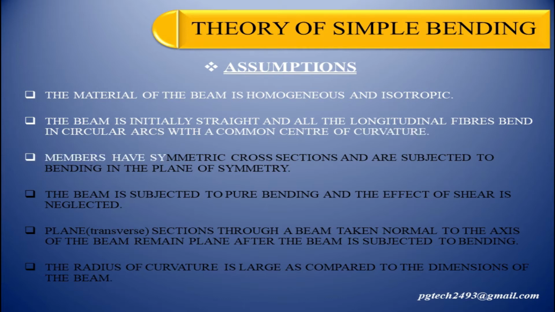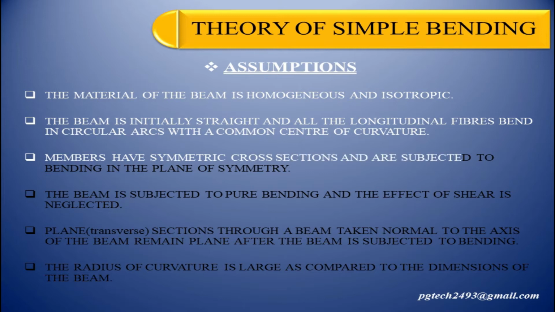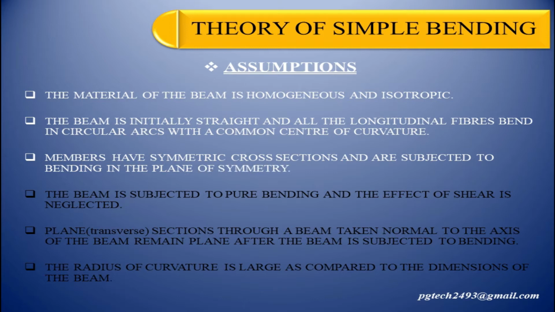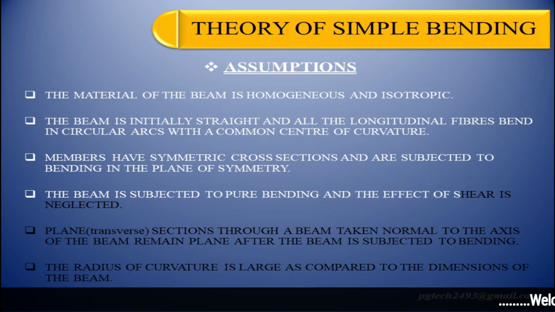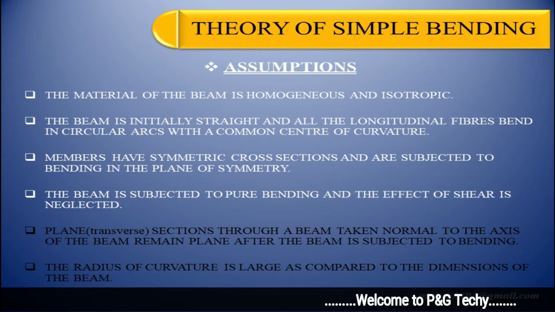Third, members have symmetric cross sections and are subjected to bending in the plane of symmetry. Fourth, the beam is subjected to pure bending and the effect of shear is neglected.